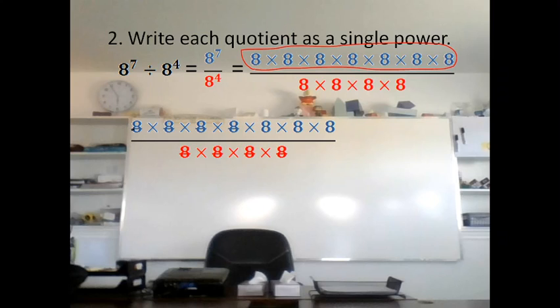So these here, as we can see, are scratched out, 4 for each of these. So this one canceled out that one, this one was canceled out by that one, this one was canceled out by that one, this one was canceled out by that one, and that leaves you with just 8 times 8 times 8.